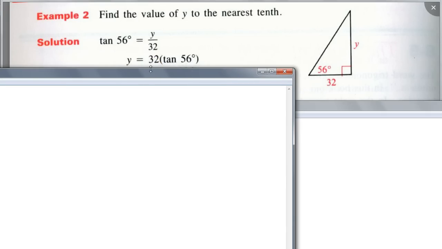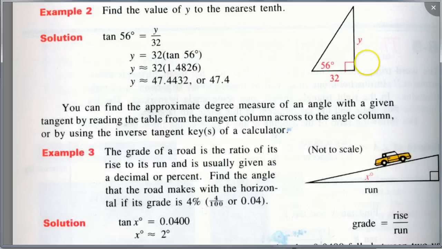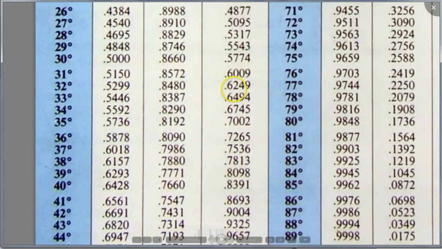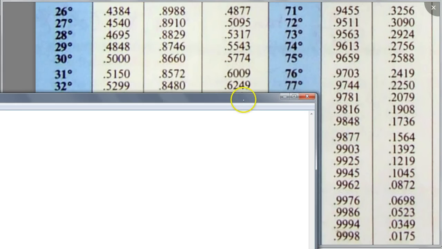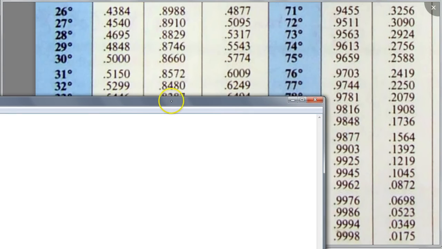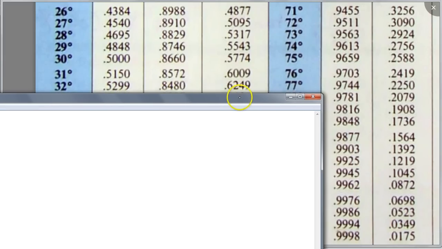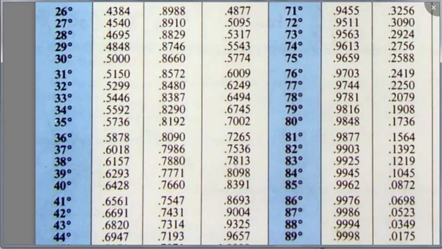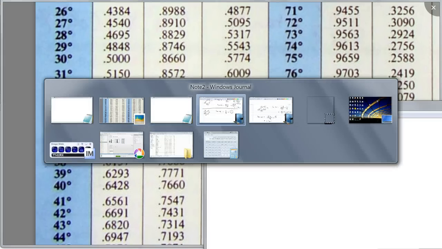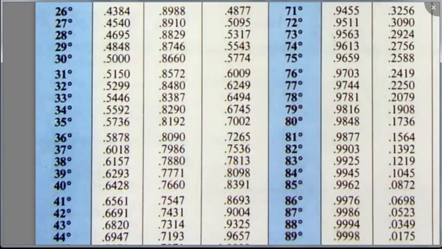And do we know what that number is? Yeah, let's look at the chart. Let's look at 32 degrees right here. Which one of these is the tangent ratio? The third one. Oh, was it 56? Yeah. Okay, let's go to 56.